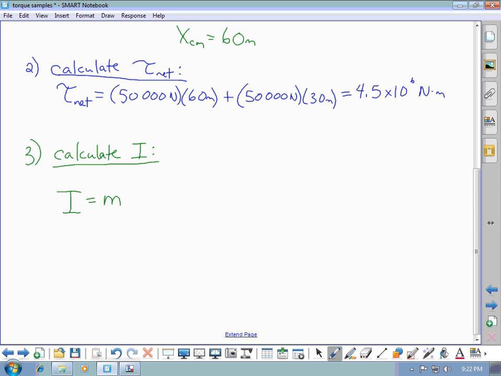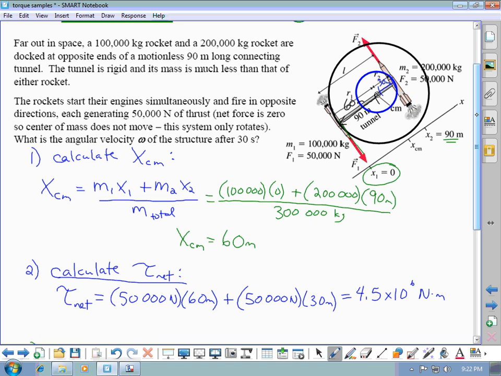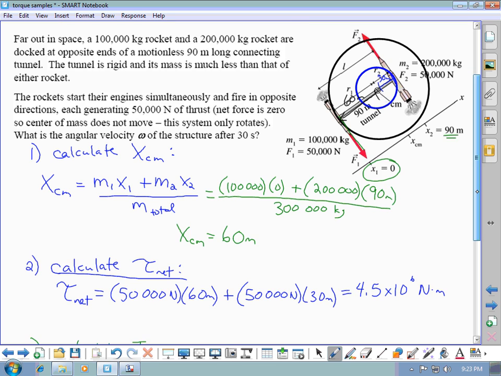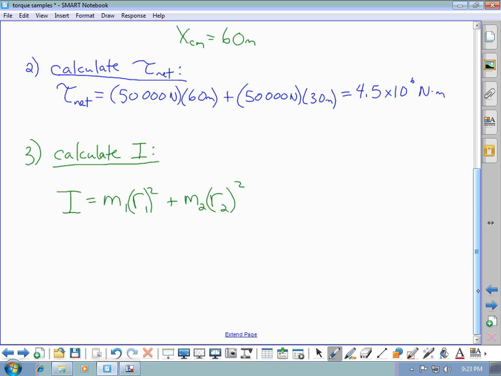So the total rotational inertia is going to be the rotational inertia of the first rocket, which is m1 times r1 squared, plus the rotational inertia of the second rocket, which is m2 times r2 squared. Now, r1 and r2 are labeled in the drawing. R1 is 60 meters, R2 is 30 meters. So the R1s and R2s are the distance of those masses to the axis of rotation.